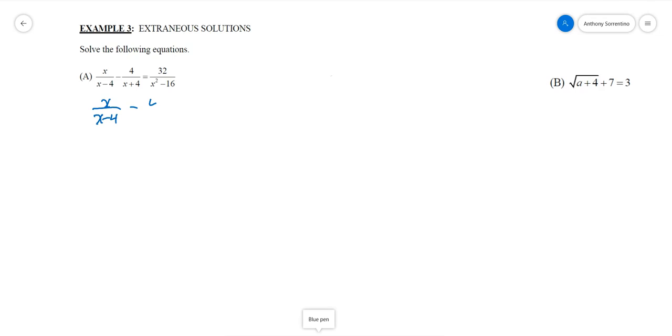So x over x minus 4 minus 4 times x over x plus 4 equals 32 over x squared minus 16. X squared minus 16 is the difference of squares, so that's going to be x plus 4 times x minus 4. It's important to have those because identifying those makes it easy to identify what's going to cause some potential issues.